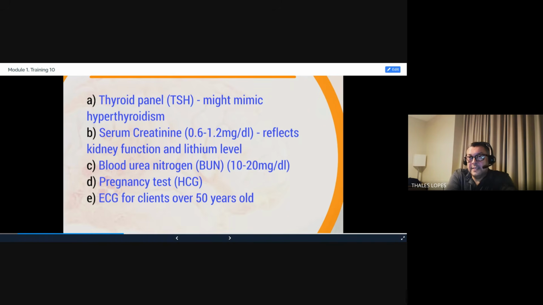You also want to ask for an EKG because it could cause dysrhythmias. So TSH, BUN, creatinine, HCG, and EKG. These are the tests that you might want to ask for before you prescribe lithium.